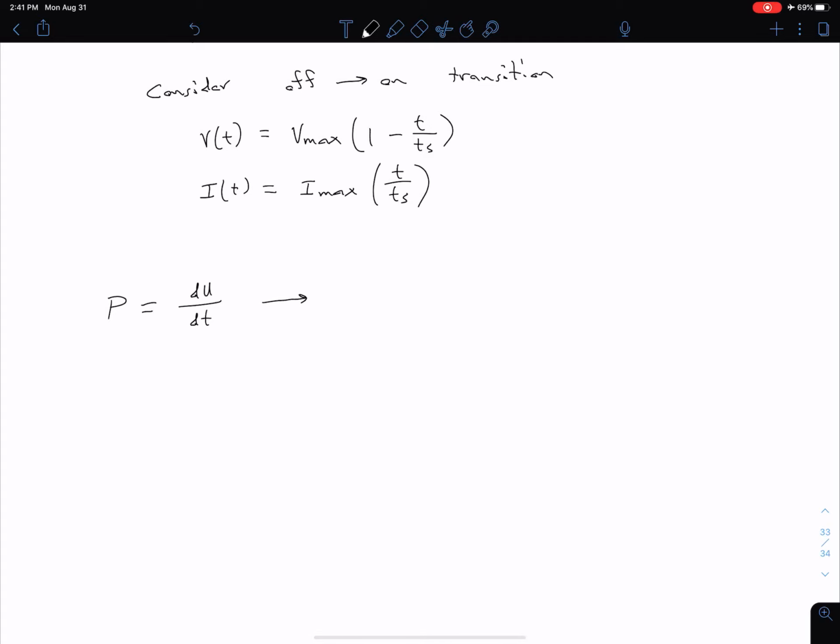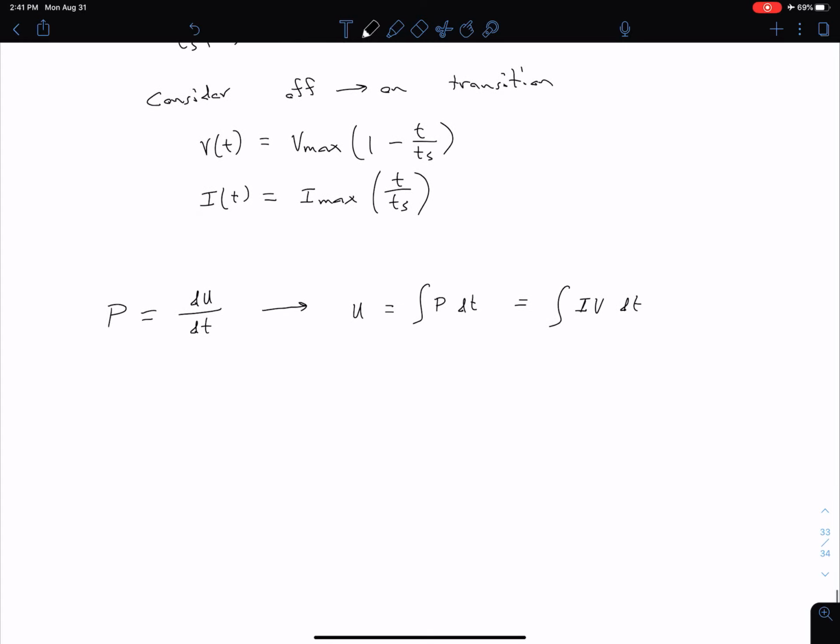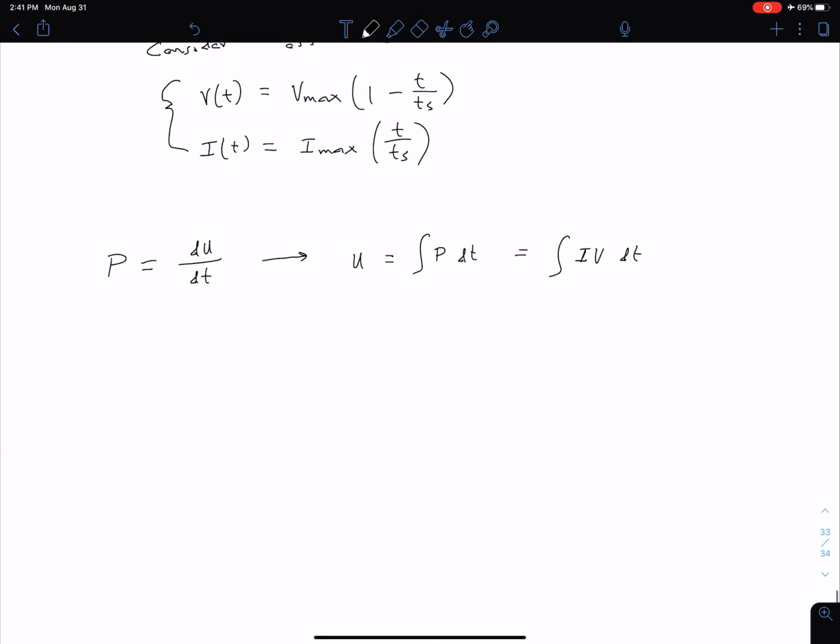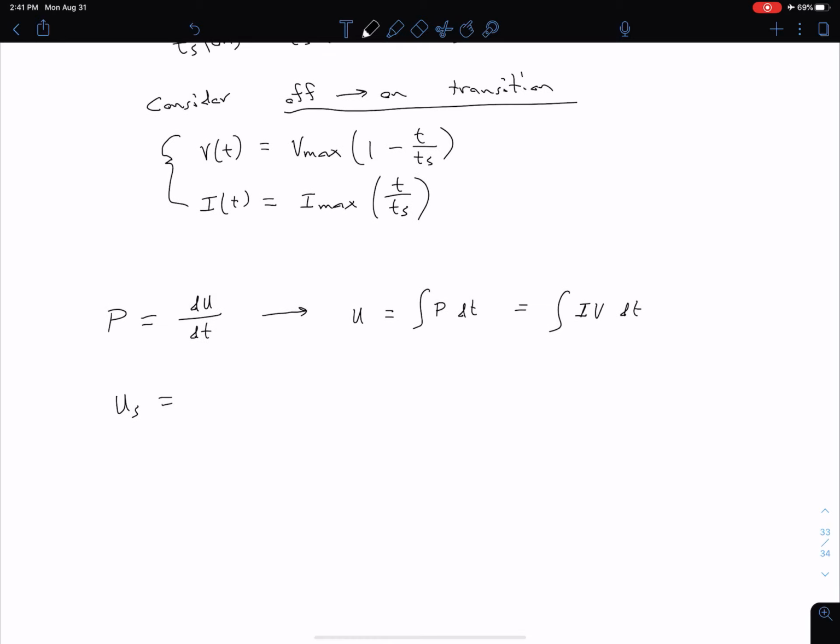Well, we can separate and integrate to say that our energy is equal to the integral of power dt. And then we know that our power is just current times voltage, so we can say this energy is equal to the integral of I V dt. We can now plug in these two equations, and we get the energy for our switching, because remember all of this is just considering one switching transition, our off to on transition.